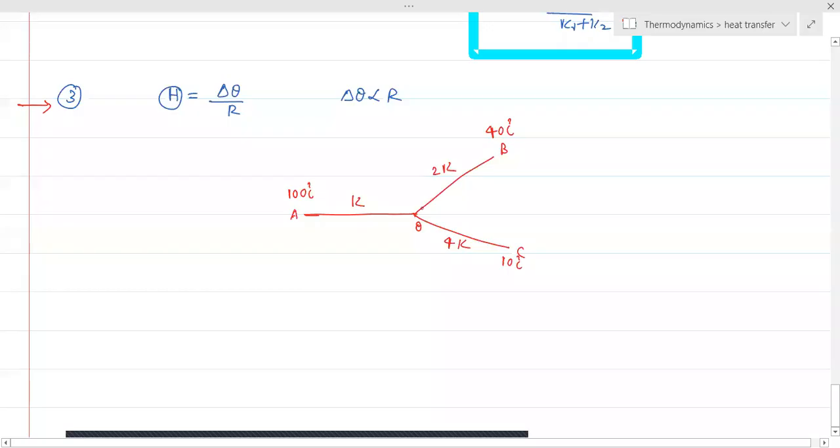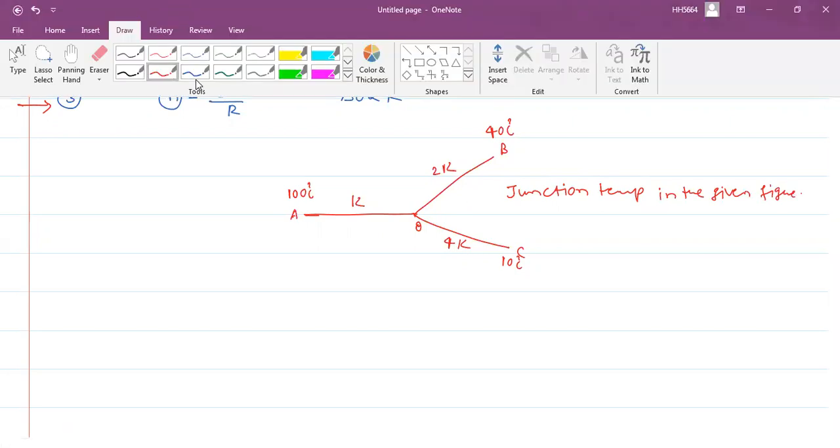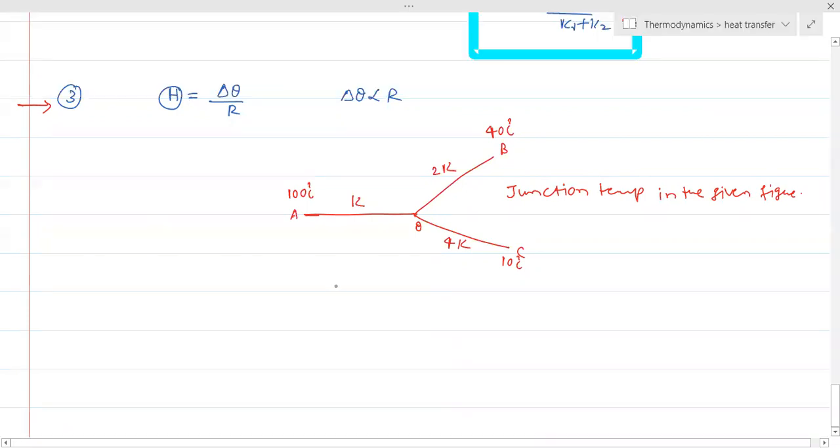So our intention is to find out the junction temperature in the given figure. So simply we will understand that.